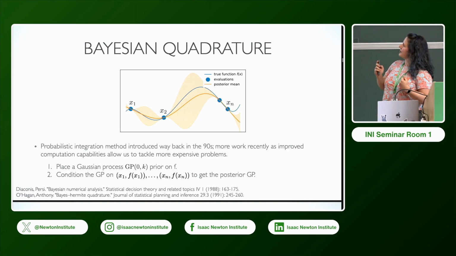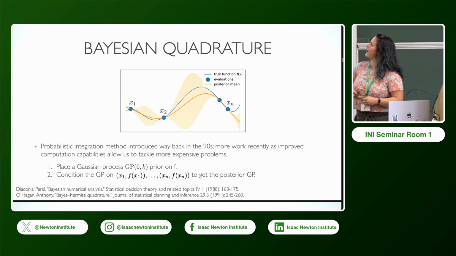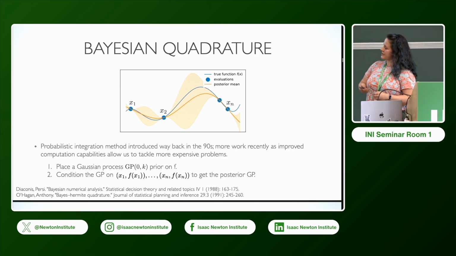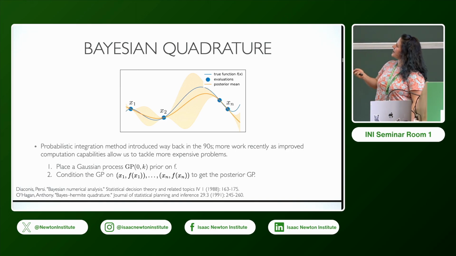Right, so a quick summary about how Bayesian quadrature works. In Bayesian quadrature, we place a Gaussian process prior. Well, no, the red line is already a posterior. Okay, we place a Gaussian process prior with mean zero.